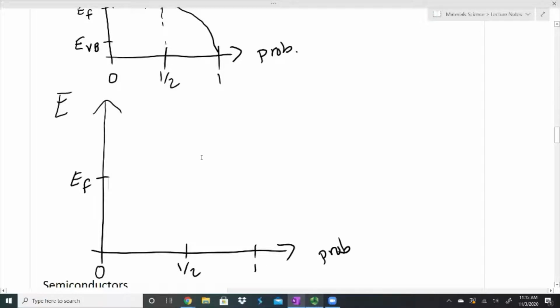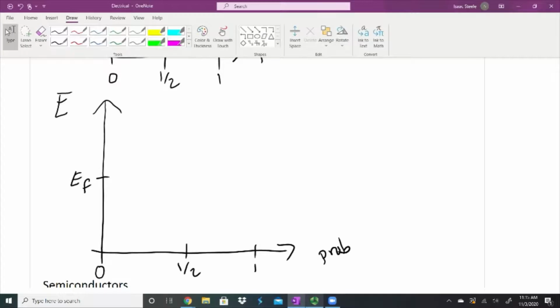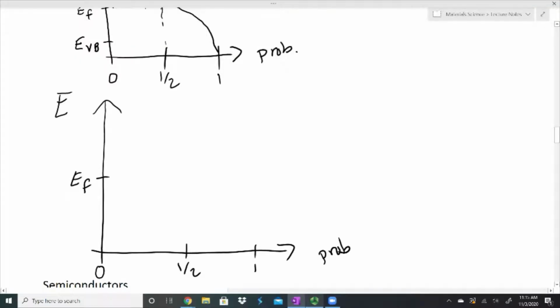If I'm at 0 Kelvin, I'm going to plot a blue line. There is a 0% chance of finding an electron above my Fermi energy, and there is a 100% chance that I'm going to find it below my Fermi energy. And I'm just going to put a dotted line here to connect these two, but really nothing's happening in between here.